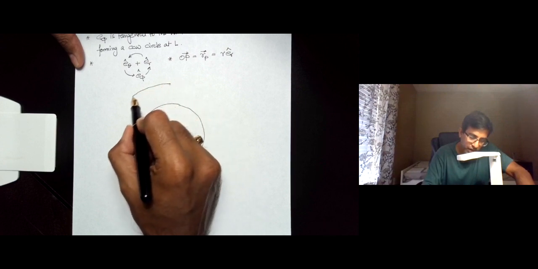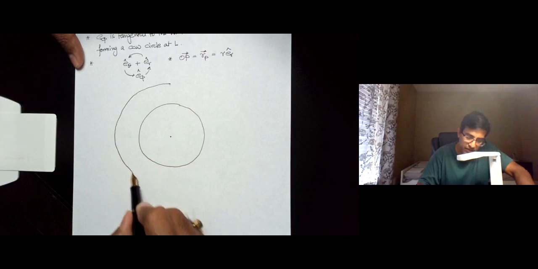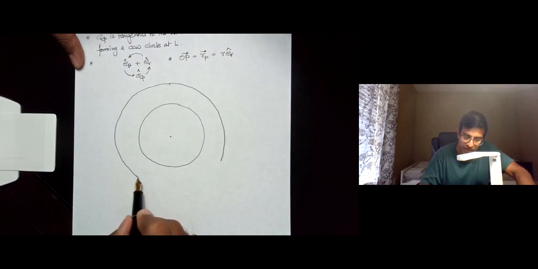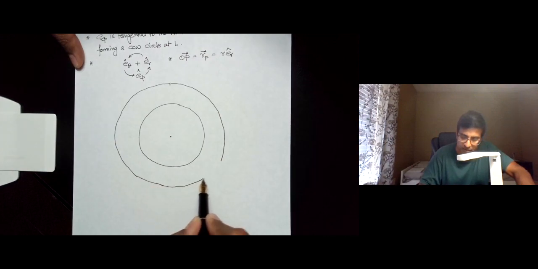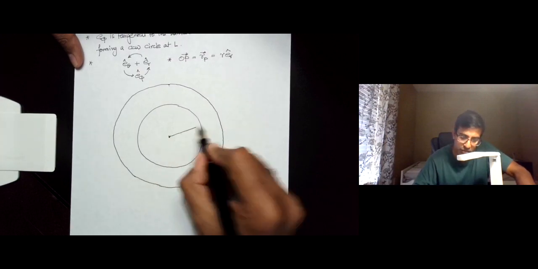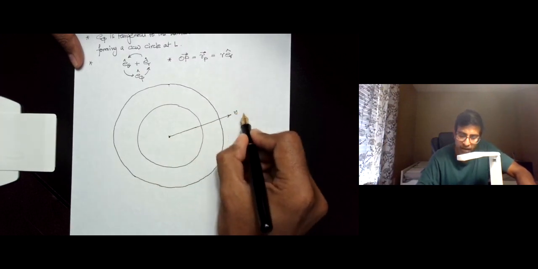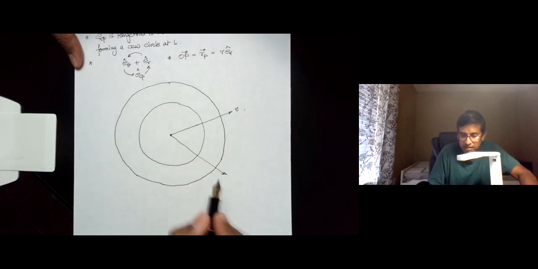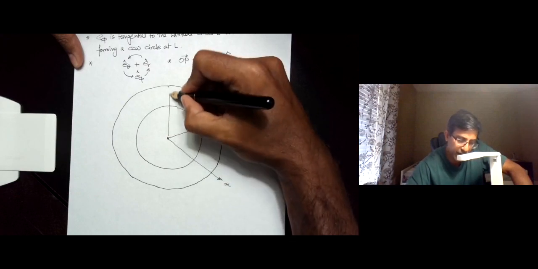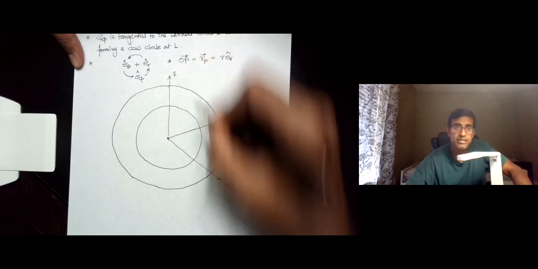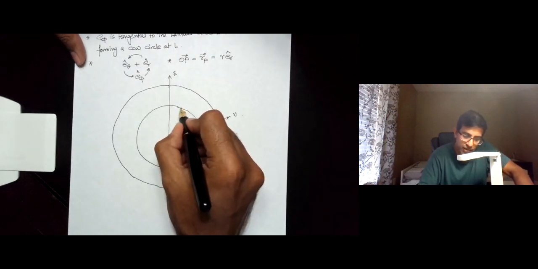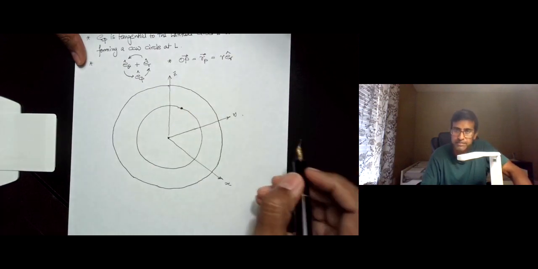So I'm going to draw another sphere with the same center O. Okay, and let's say that this was our y-axis, this is the x-axis, and this is our z-axis. Now let's say that initially a point P is located here.